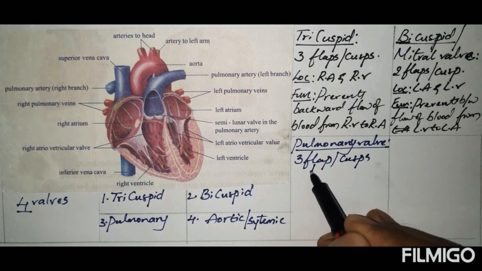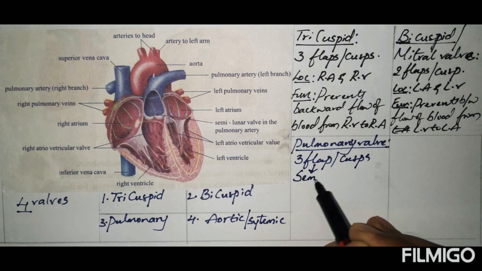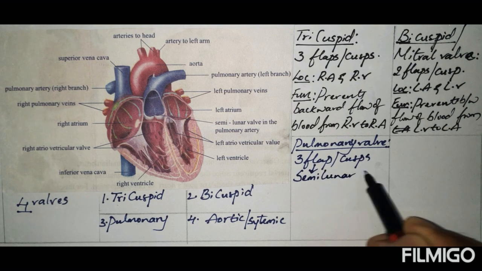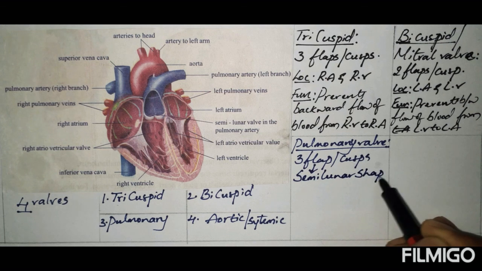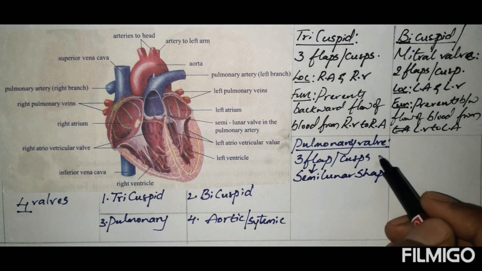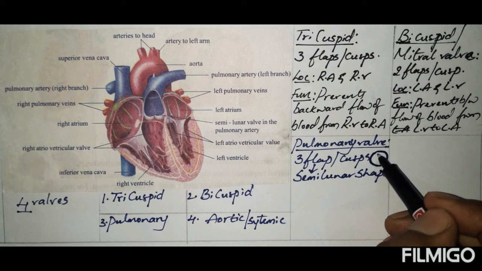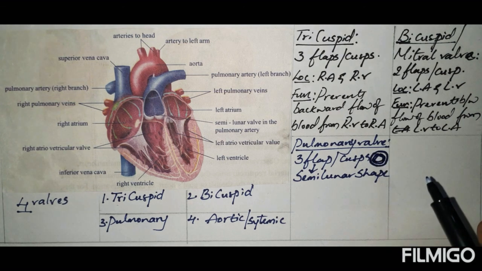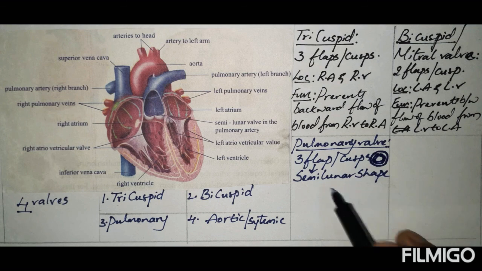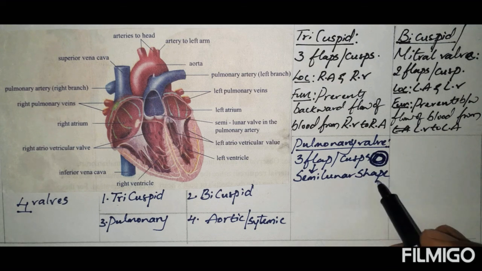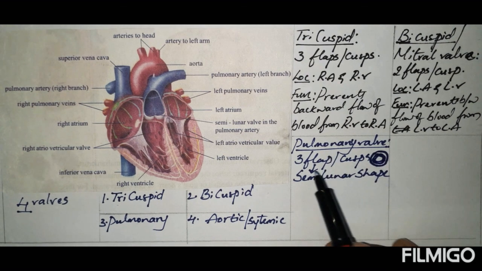And these flaps are semi-lunar shaped. In the sense, when these valves open, the flaps look like a crescent, semi-lunar shape. Hence, this valve is called semi-lunar valve due to the shape of the flaps during the opening of this valve.